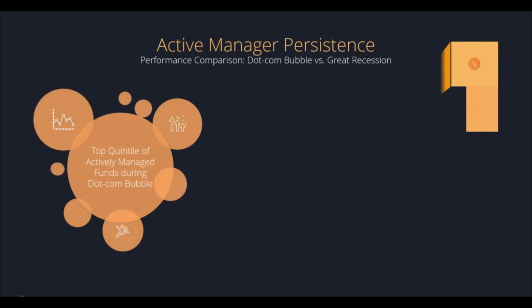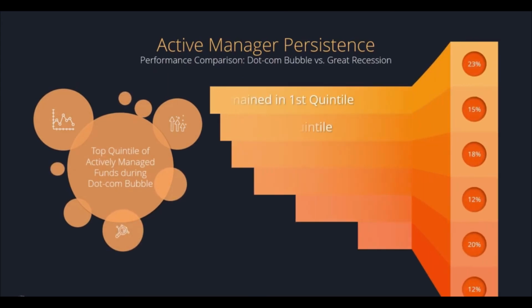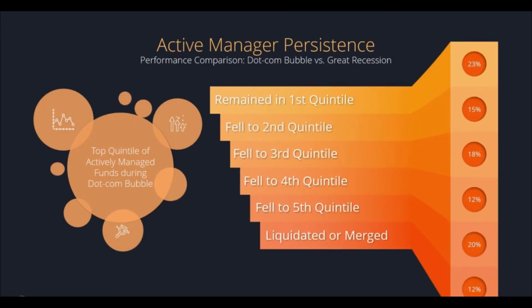Okay, this is another interesting little data that looks at the performance of active managers after the dot-com bubble. So we're looking at the top quintile, that is the top 20% of actively managed funds, and how they did from the dot-com bubble to the Great Recession.